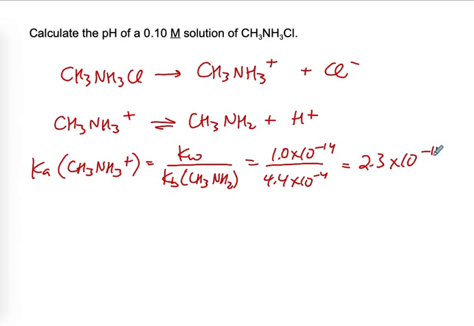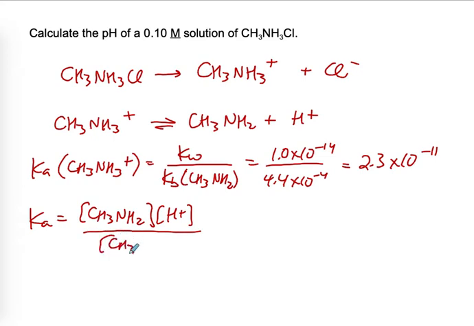Methylamine is fairly strong for a weak base, therefore its conjugate acid is going to be fairly weak, and that's what we see. So, to write out the Ka expression, Ka equals the concentration of methylamine, the conjugate base, times the concentration of the hydrogen ion, divided by the concentration of the methylammonium cation we were given to begin with.